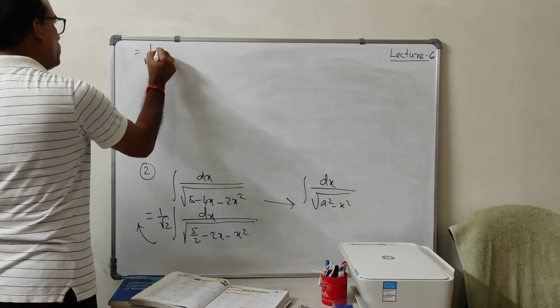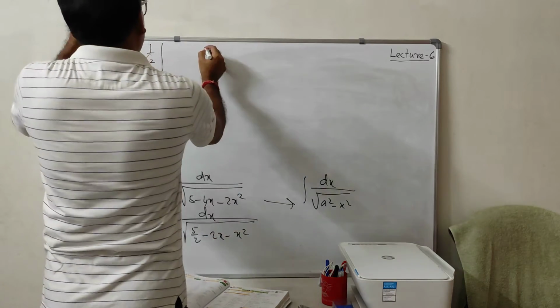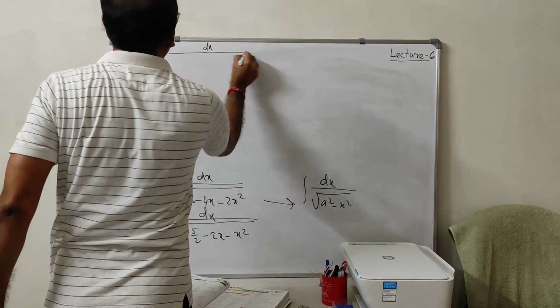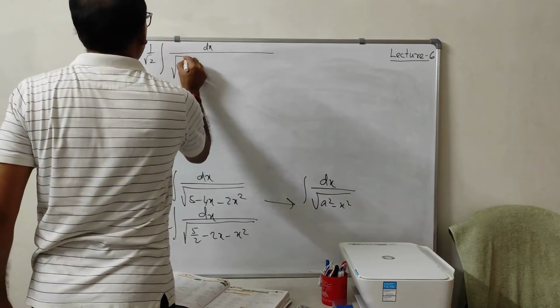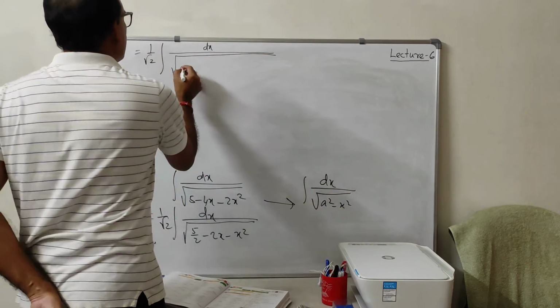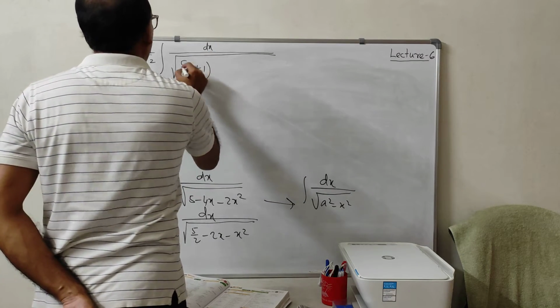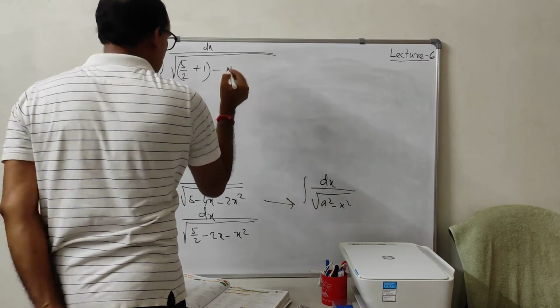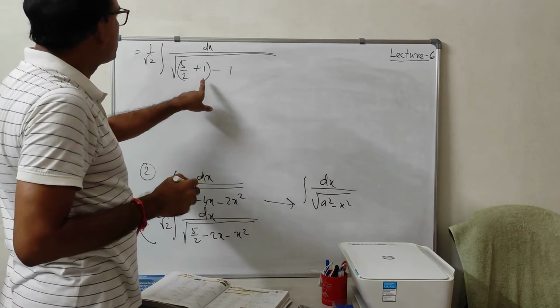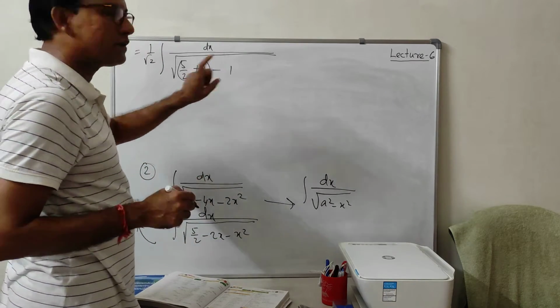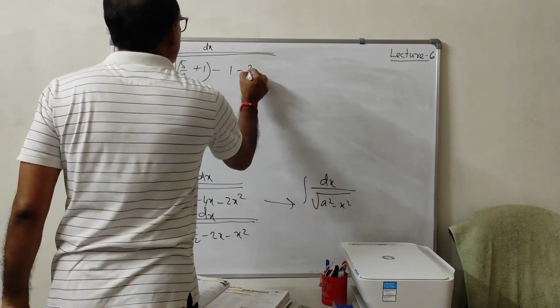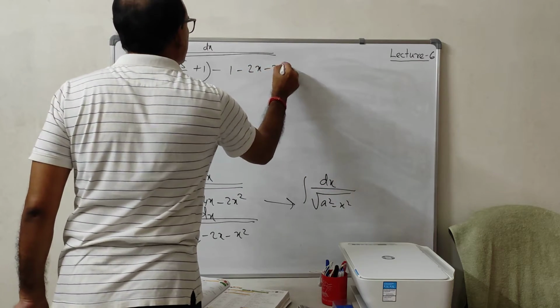Next, 1 by root 2 integration dx over root over of 5 by 2 plus 1 minus 1. I adjust plus 1 here, minus 1 here, minus 2x minus x square.